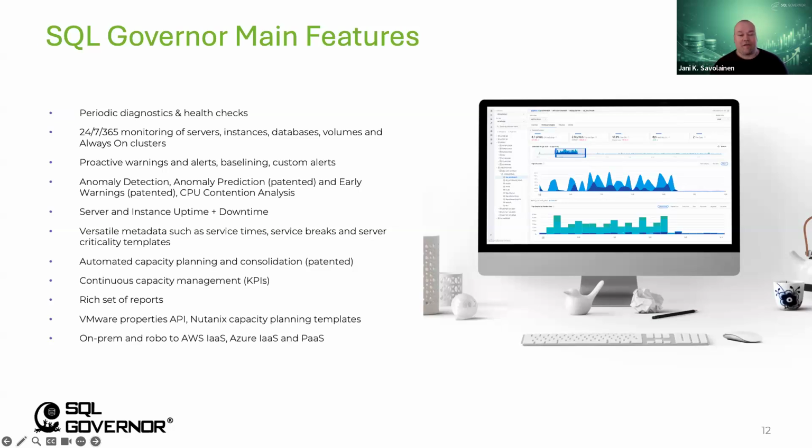So it has a different kind of calculation logic for capacity than, for example, VMware or Hyper-V. And we support on-prem, ROBO, AWS IaaS, Azure IaaS, and PaaS solutions with our software.